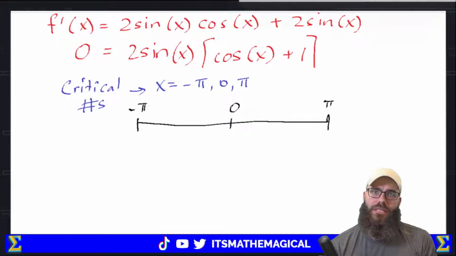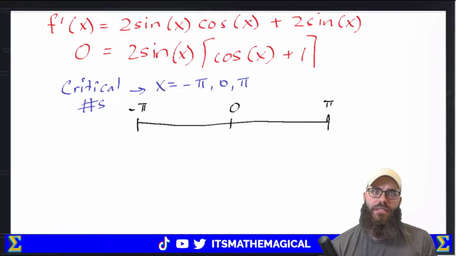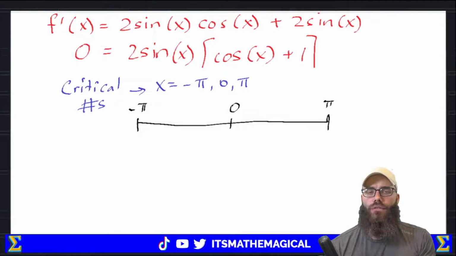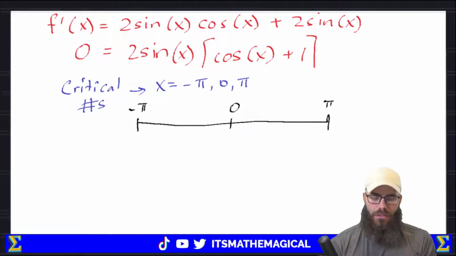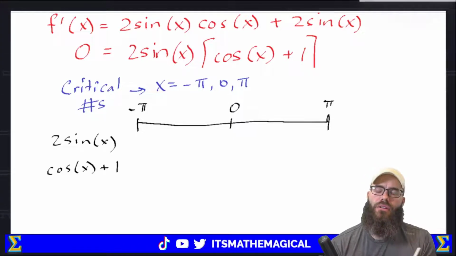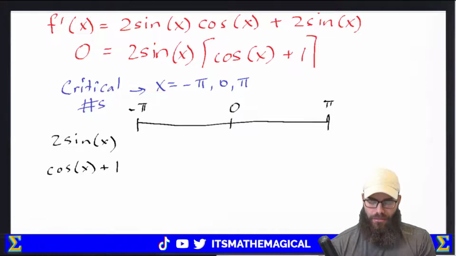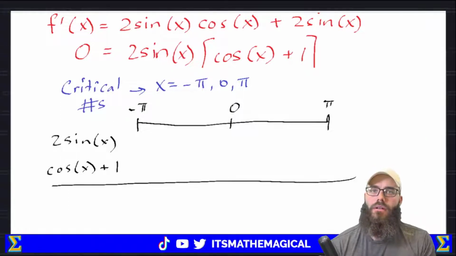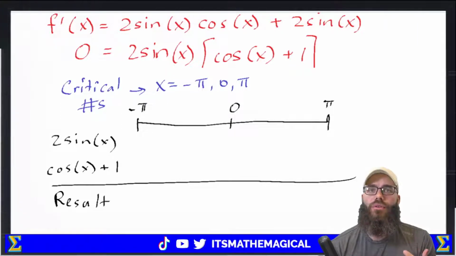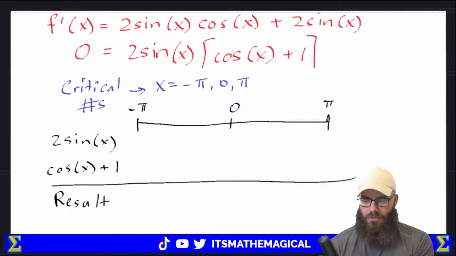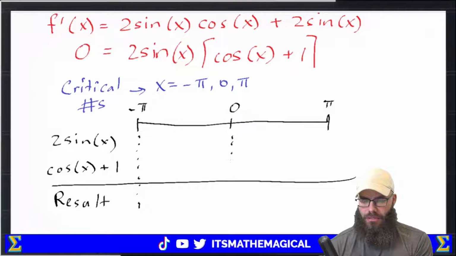The way I like to do this sign chart analysis, the first derivative test, is to create my number line. Over to the left, write the factors of my first derivative, which are 2 sine x and cosine x plus 1. Create another line right below that, and under that line write result. Show that we're working in 2 intervals by creating these little dashed lines.